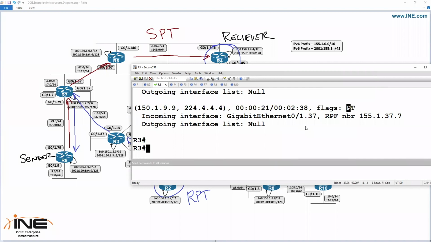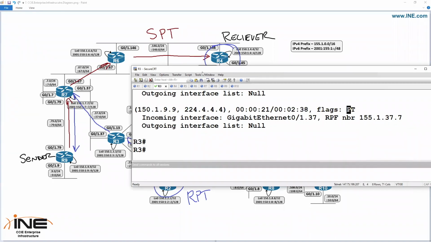So we would have to look at the debugs. Only temporarily does router 3 actually receive the data plane message of the ping going through router 3 to get to the rendezvous point, because once it goes down the shared tree to the receiver, then the receiver switches over to the shortest path tree.